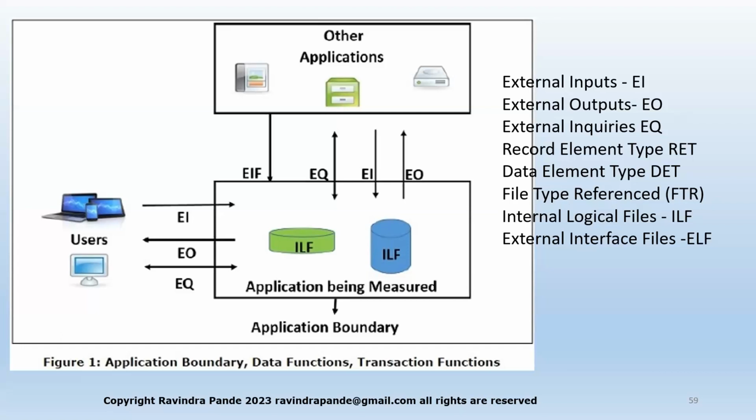So how many times do I need to acknowledge whatever data I have received? Let's say two times or three times. So that will be my EO. And then external inquiries. Just to make sure everything is right, I might have to review this form, that form, right? So that might take a minute or two. That's my EQ.